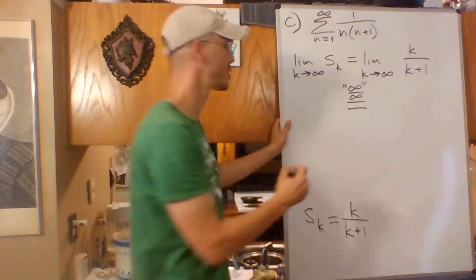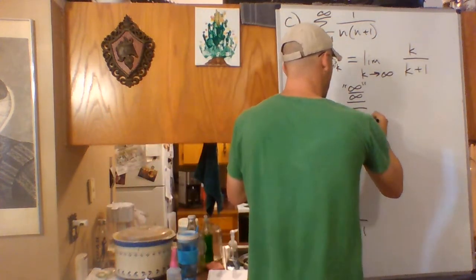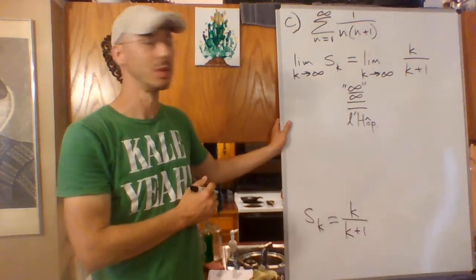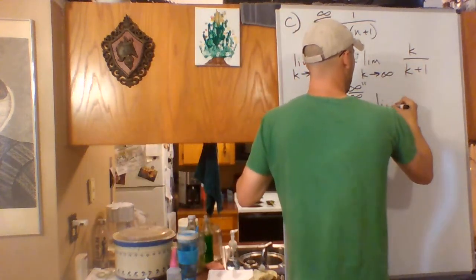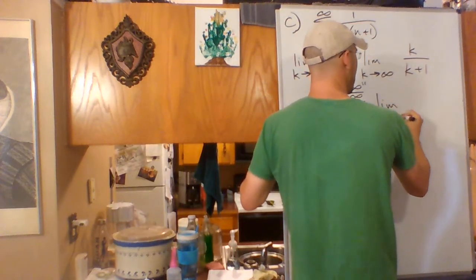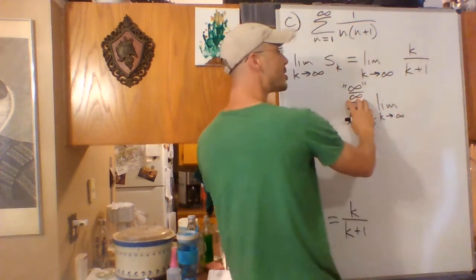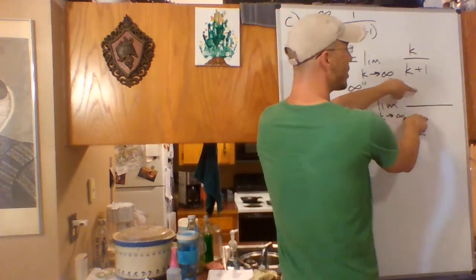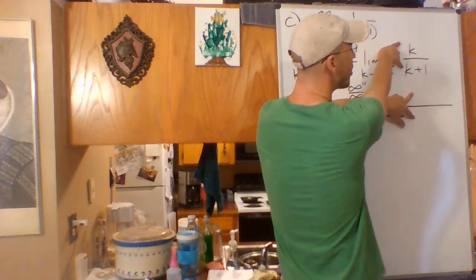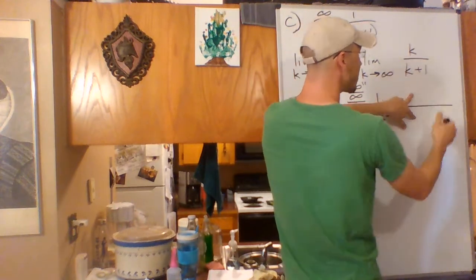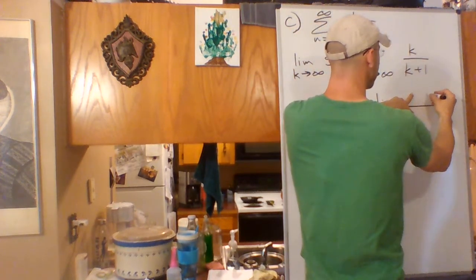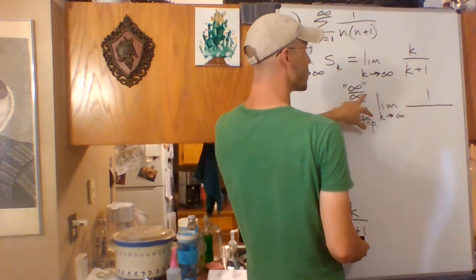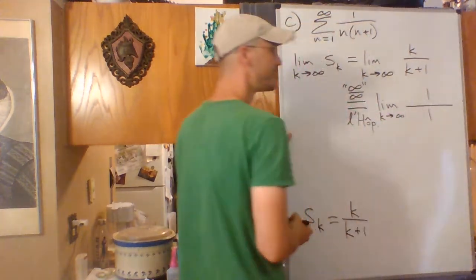But I can use L'Hopital's rule. Since the limit as k goes to infinity of this is this indeterminate form, I can take the limit of the ratio of the derivatives. Now the derivative of k is 1. The derivative of k plus 1 is also 1.